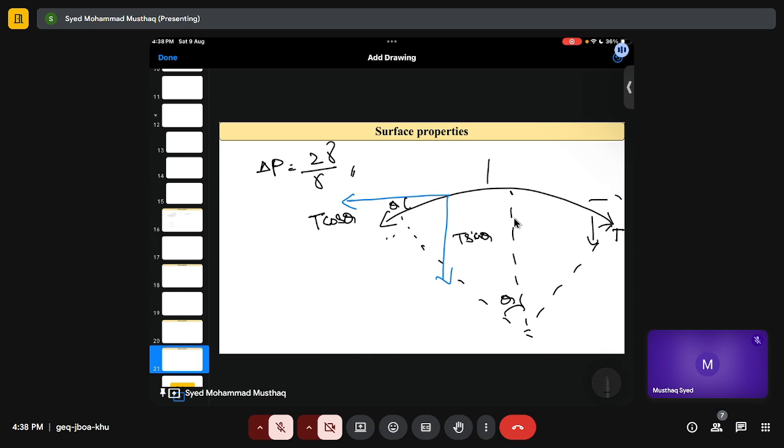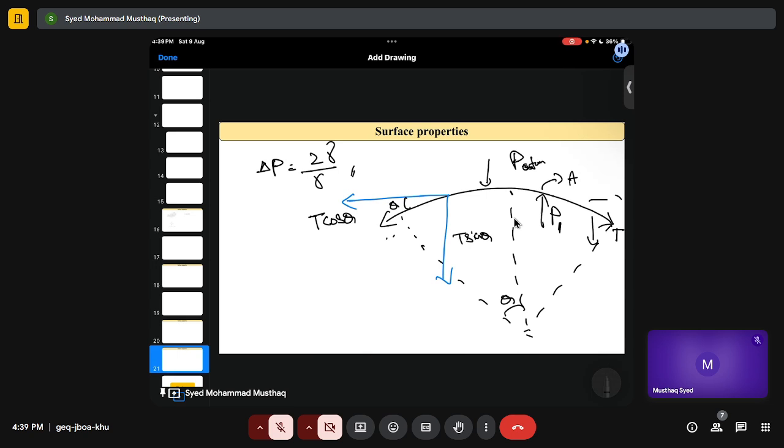This is the atmospheric pressure acting from outside to inwards, and there is this pressure from the liquid drop, P1, from inside to outside. So these pressures are acting on an area A. Okay, so far so good.